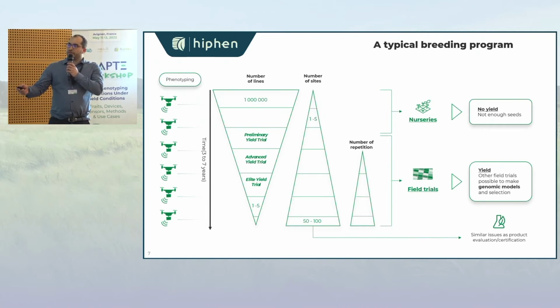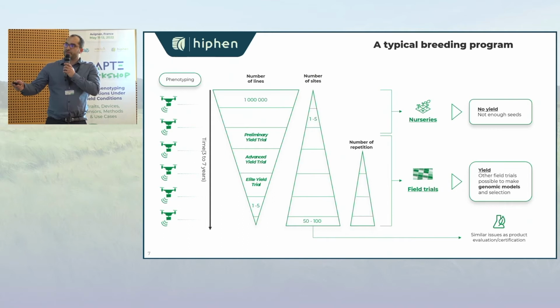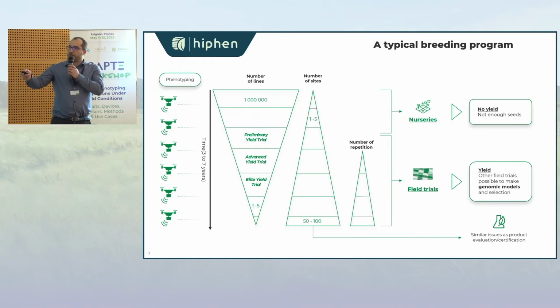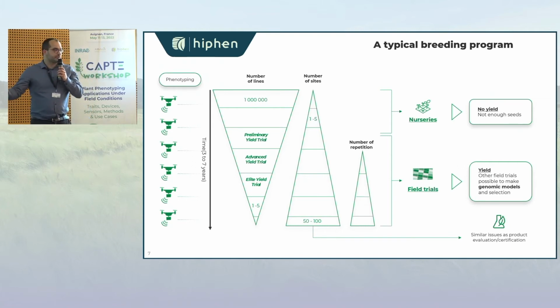And each year they have more seeds because their crosses are allowing them to have more seeds and seed production. So they're going to have bigger plots, then more sites, and then repetitions.